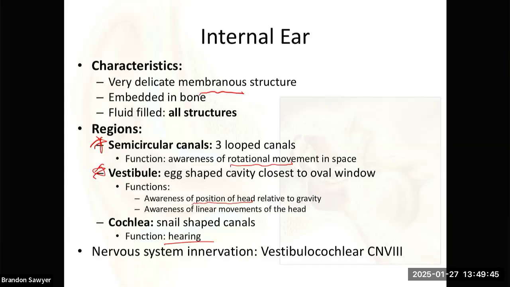The next slide is a labeling of all these structures. So I'll leave this up for a sec so you can finish writing it down, but you can go ahead and start labeling on that next slide when you're ready.